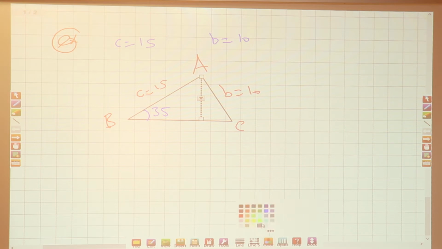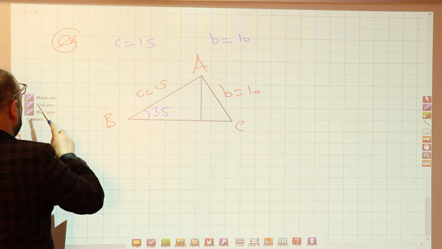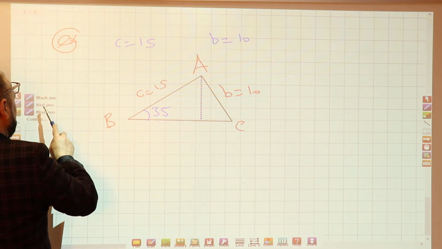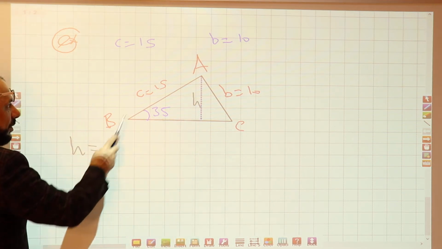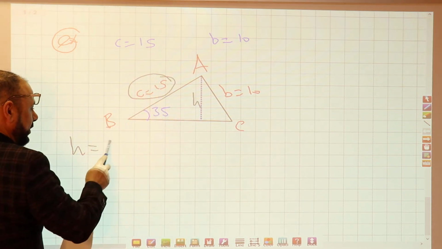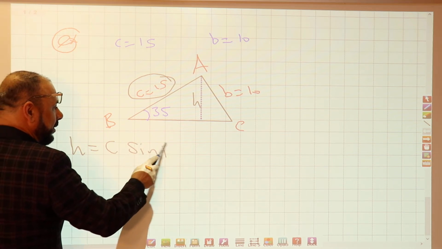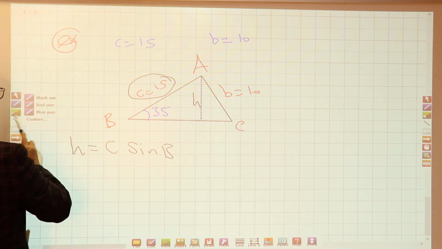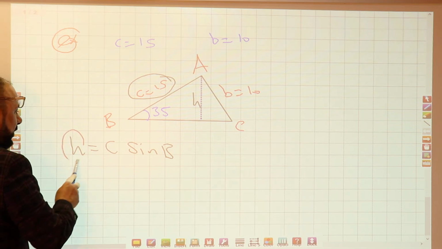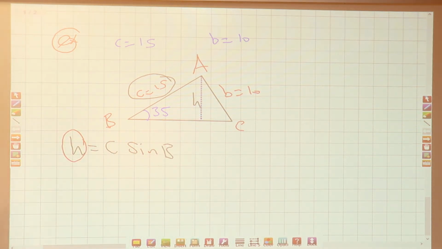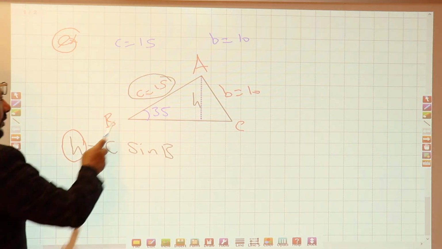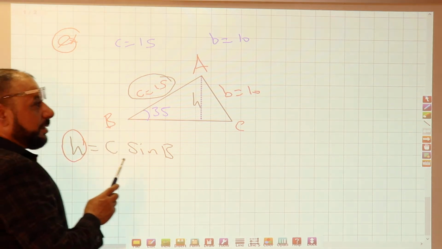Let me color it. This is my height. Then H equals C sine B. When you find H, you compare it to this side.